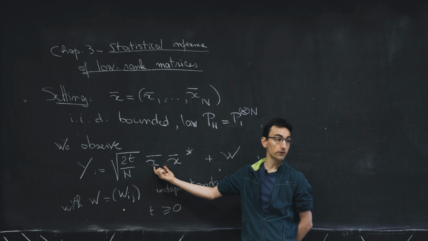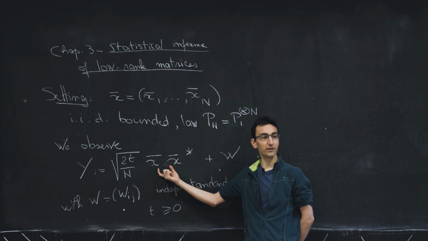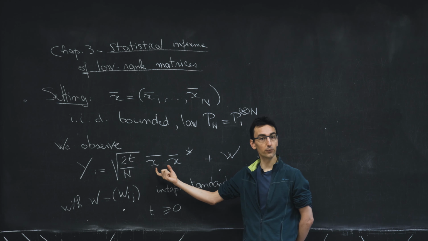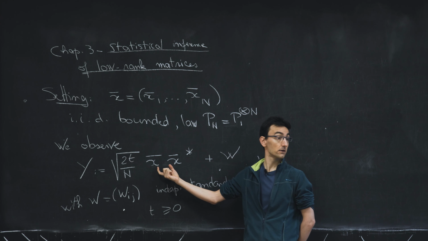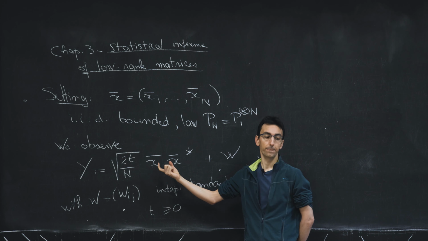So for instance, if you think about building a recommendation system, you have a bunch of users, maybe you're, I don't know, renting movies or books, and you have a bunch of users and a bunch of books, and you want to understand the rating that each user is going to associate with each book.